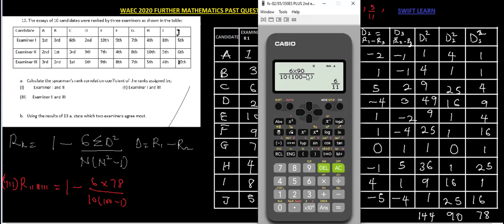Alright, so we have, let's put 78 here. So we have 1 minus 26 over 55. So what is 1 minus our answer?